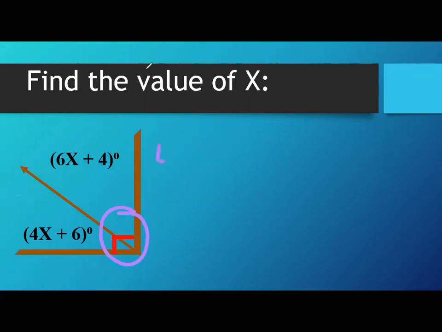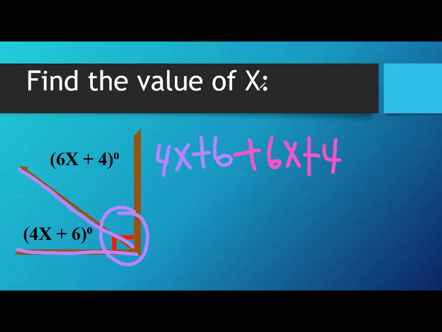So we have 4x plus 6, which is this angle, plus the angle 6x plus 4, which is the one that is adjacent, is going to be equal to 90 degrees. Okay, so remember, combine like terms. That's tool number one that we have to use when solving equations in geometry.